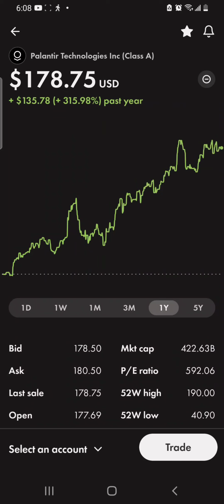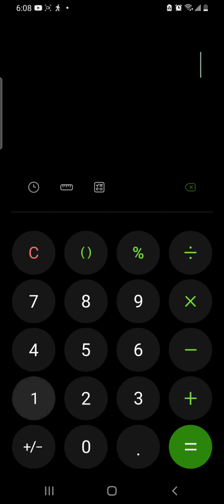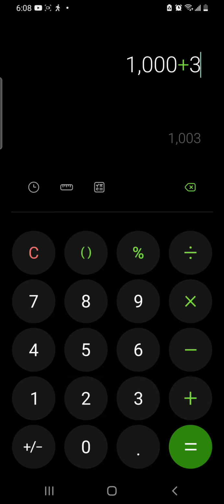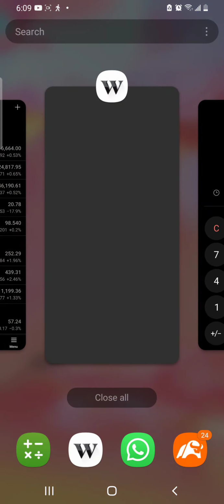So if you were trading it for the year, you'd have made 315%. Let me head to the calculator. So it would be $1,000 plus 315%. So your $1,000 would be $4,150 if you had kept it in that stock.